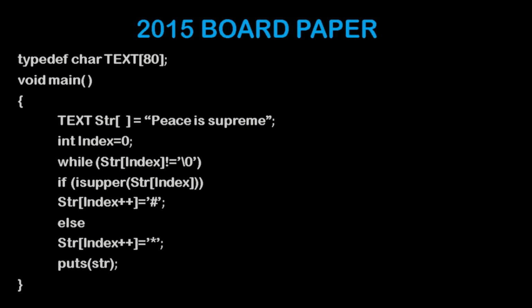So this is the given code and you have to find out the header file needed for the functions. Okay, so we'll see the answer now. So isupper is present in ctype.h and puts is present in stdio.h.